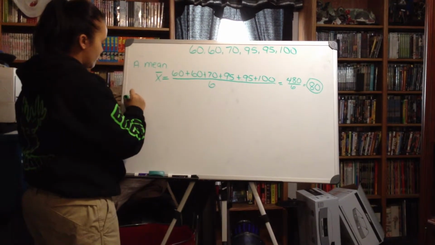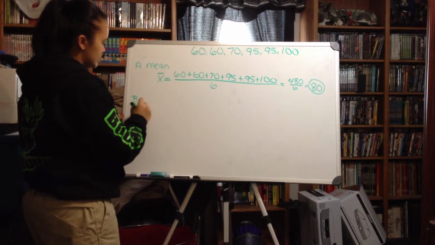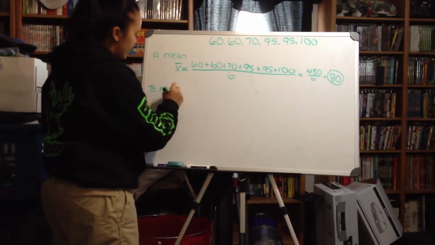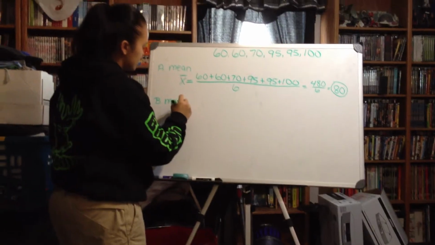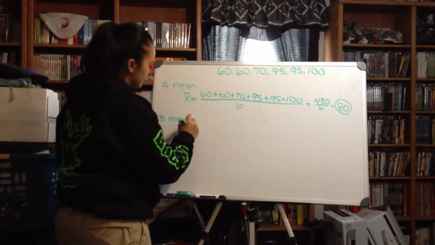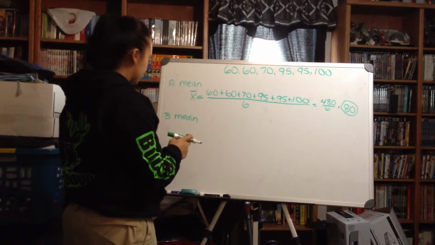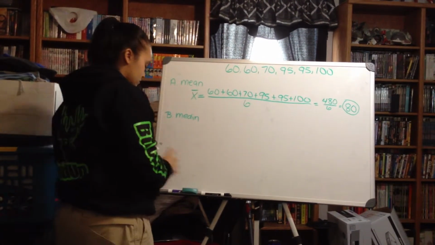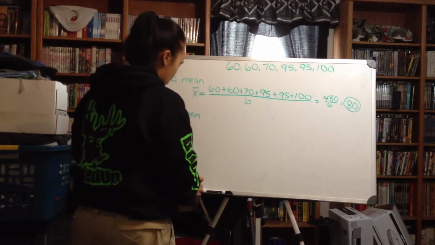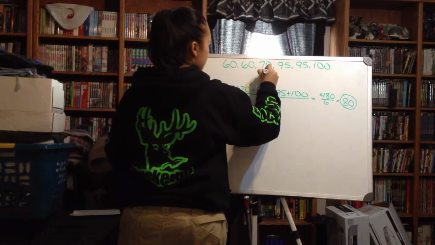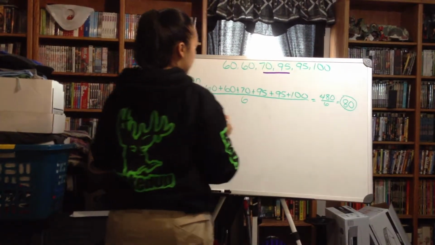Then we move on to the median. Well, since we already figured out that there are 6, that means we're going to have 2 middles. So, right here are our 2 middles.